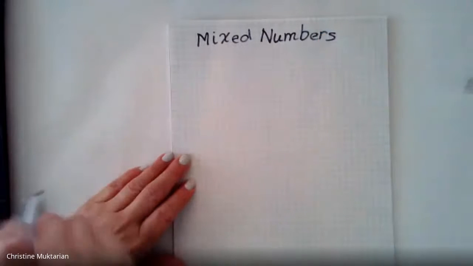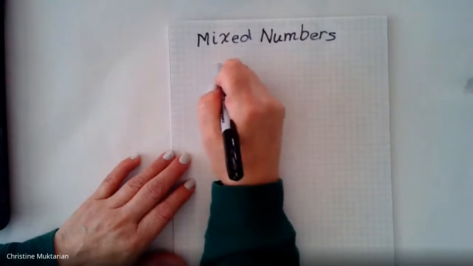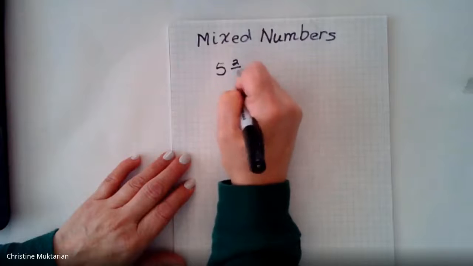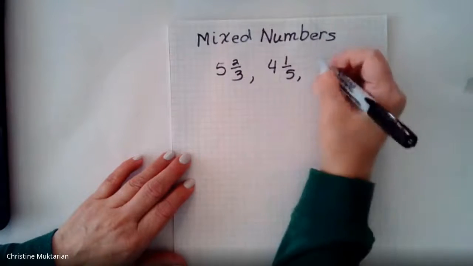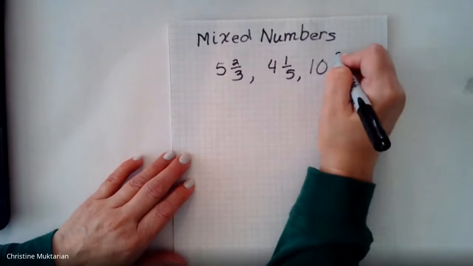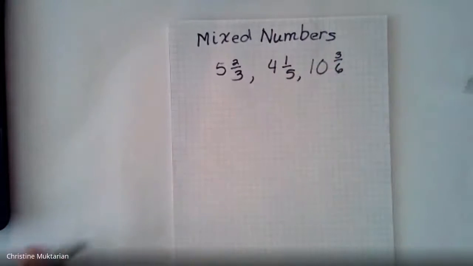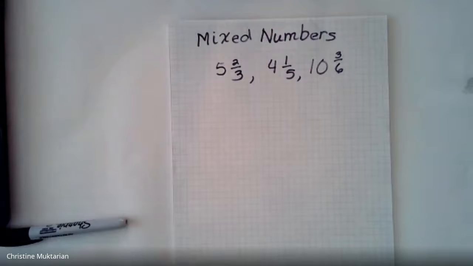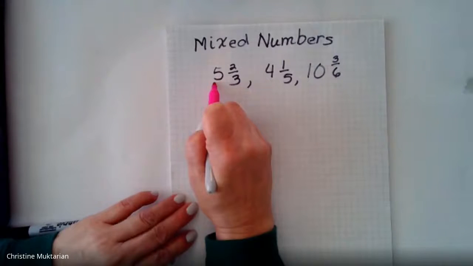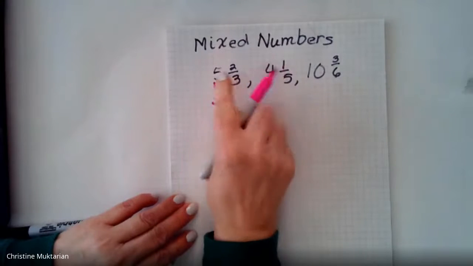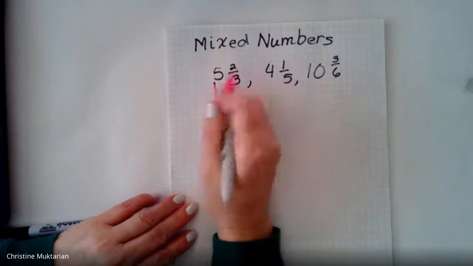All right, mixed numbers. And some examples of mixed numbers are 5 2/3, or 4 1/5, 10 3/6. Those are just 3 examples of mixed numbers. A mixed number is a number that contains a whole number, like the 5, the 4, or the 10.